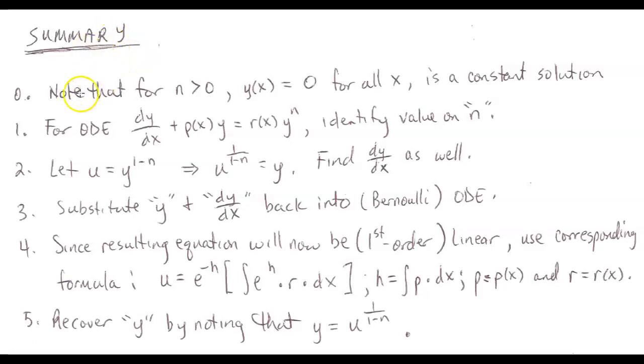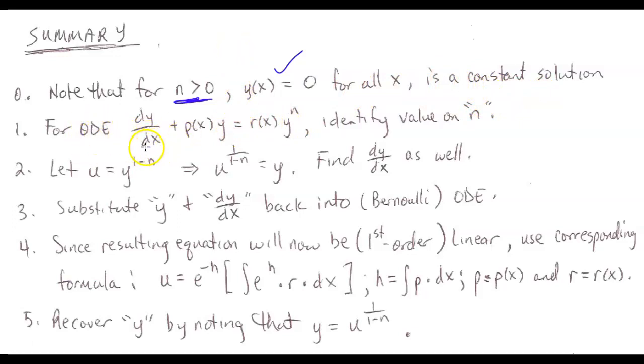So, of course, step 0, and this is just for the constant solutions here. If our value of n that we extract out of our Bernoulli equation ends up being greater than 0, then y equals 0 for all values of x will always be a constant solution. Okay, so that is a given.